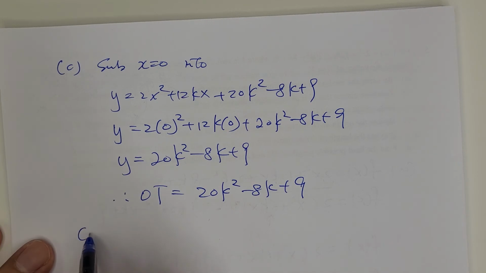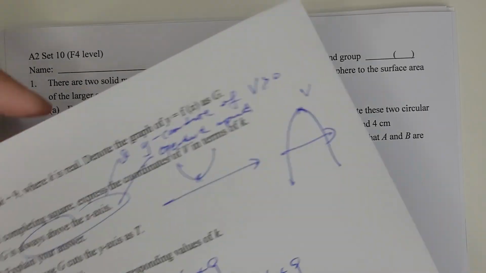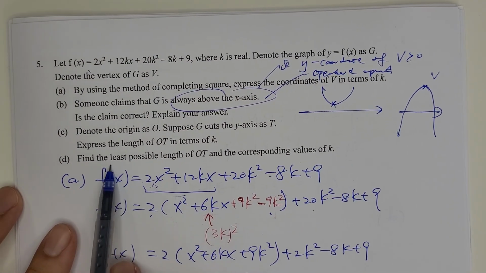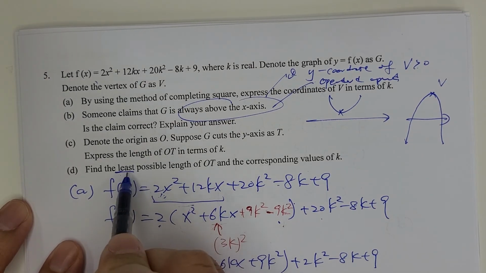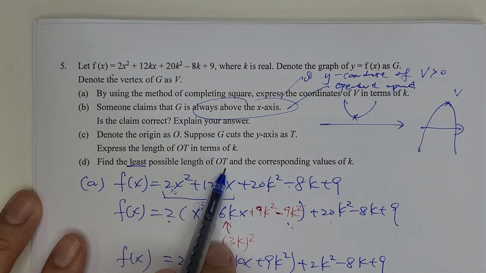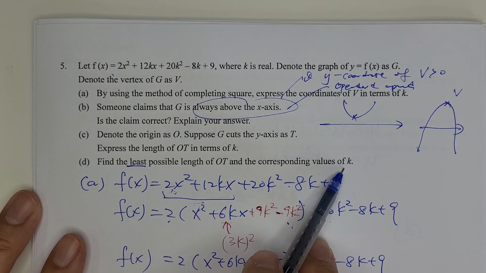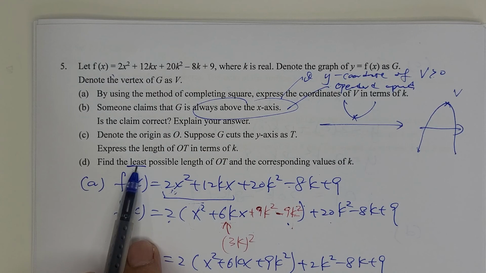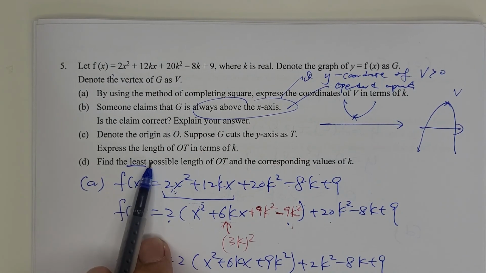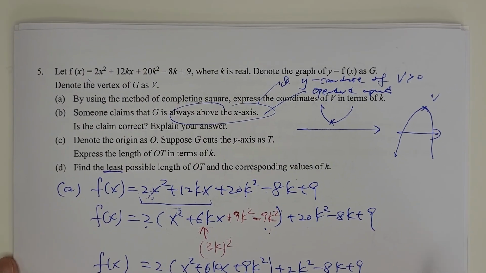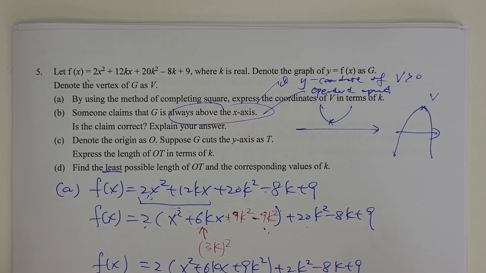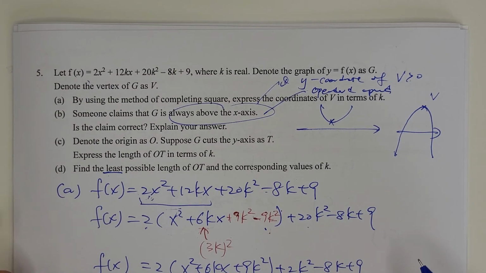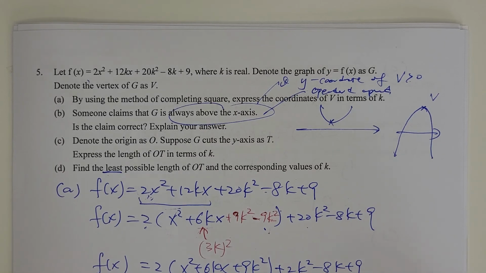And D, look at the question. Find the least, the smallest possible length of OT and the corresponding value of k. When you see keywords like least possible length or least possible area of some quadratic expression, if you need to find a maximum or minimum value of a quadratic expression, then completing the square is the usual method.